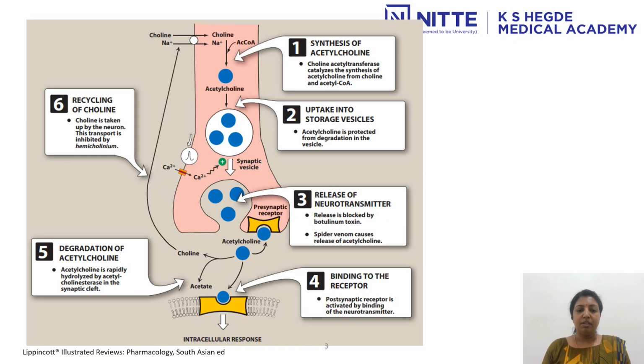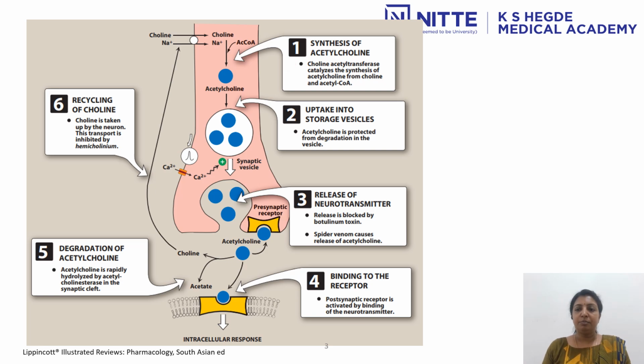Here you have the presynaptic cholinergic nerve terminal. This is the axon. Here you have the synapse, and here you have the effector organ, where you have the postsynaptic receptor. Coming to the steps, the first step is synthesis of acetylcholine.